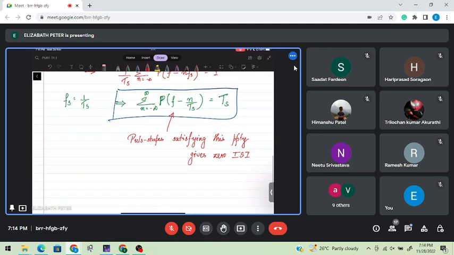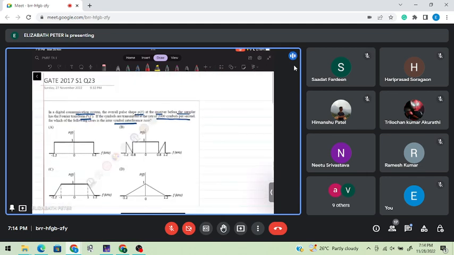In the question we are given four options, so we need to see which of these four pulse shapes satisfy that property.